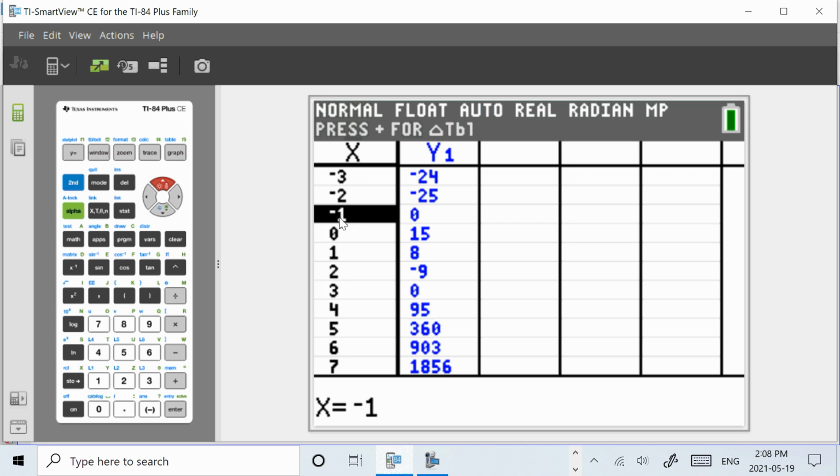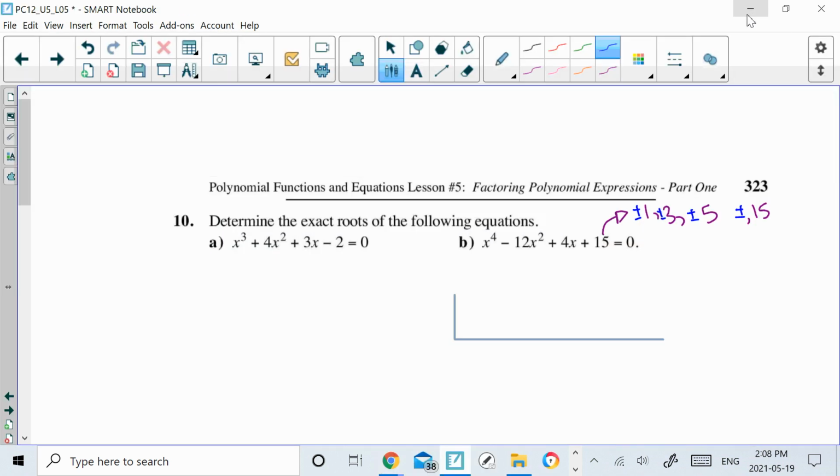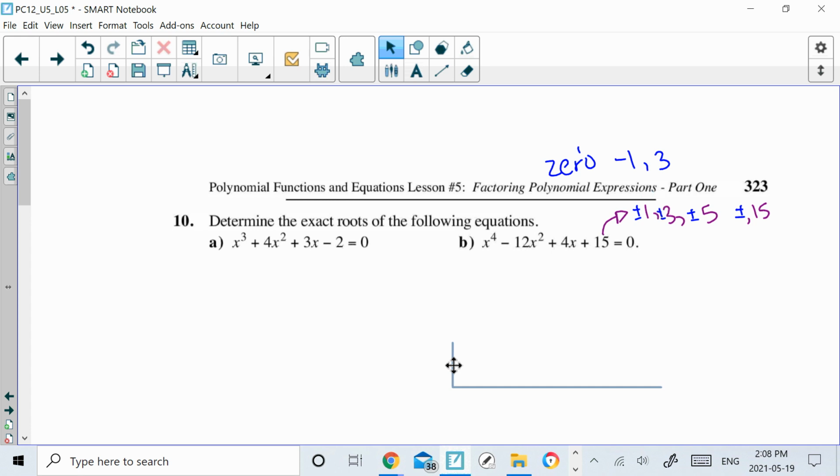So right now I only know 2 of the zeros, which is -1 and 3. Those are 2 zeros. So the zeros are -1 and 3. Okay, so now I'm going to prove using the factor theorem that those are in fact zeros, right? So I'm going to use -1.